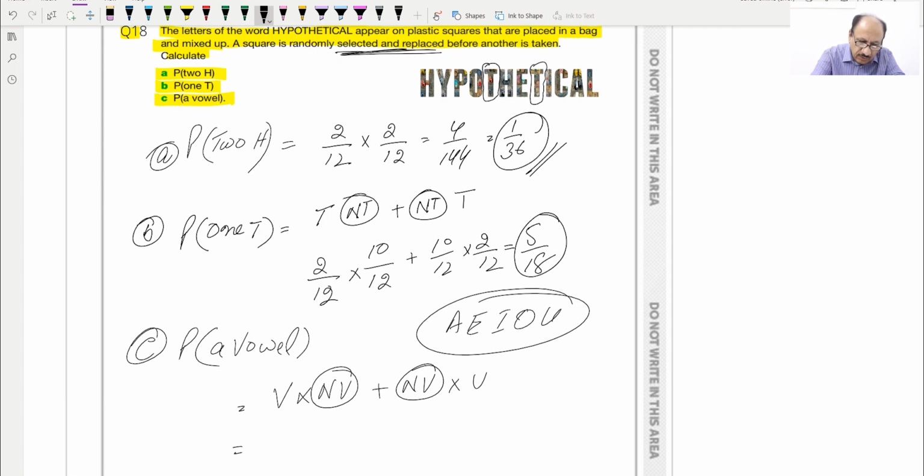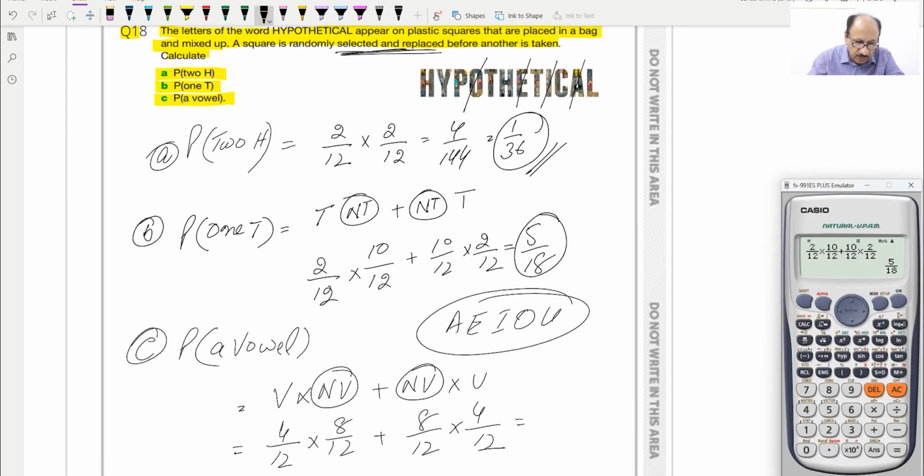How many vowels are there in this hypothetical? We have O as a vowel, then E is a vowel, then I is a vowel, and A is a vowel. So there are 4 vowels and the rest are consonants. So vowel will be 4 by 12 and not vowel are 8 by 12, plus this will be 8 by 12 and this will be 4 by 12, and this one we need to calculate.